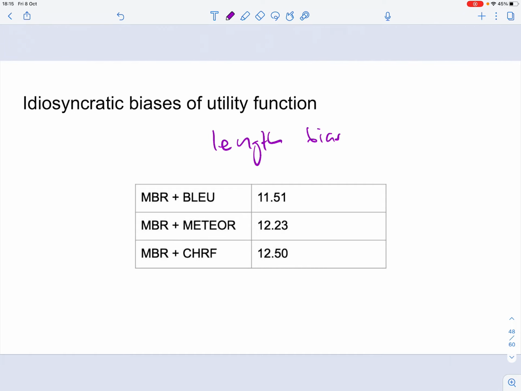I illustrated this with results from length bias experiments, where my point was that if you use a precision-based metric like BLEU, then translations are too short, but if you use a recall-oriented metric like METEOR or chrF, then the translations are too long, and this is in general hard to control, and it's an unsolved problem of MBR.